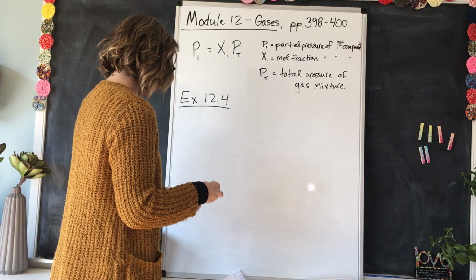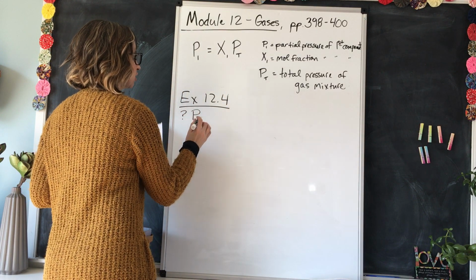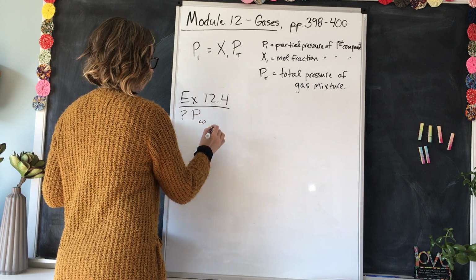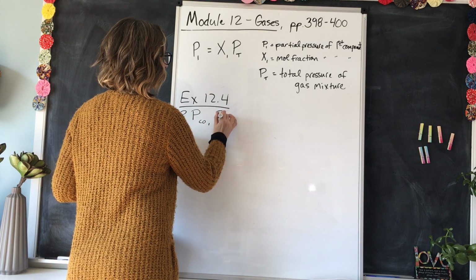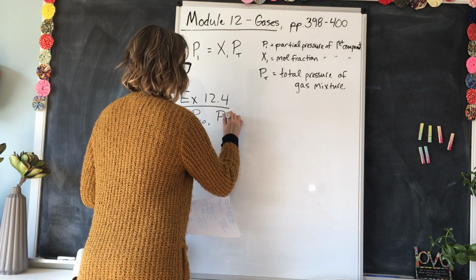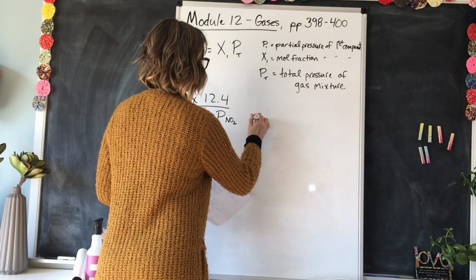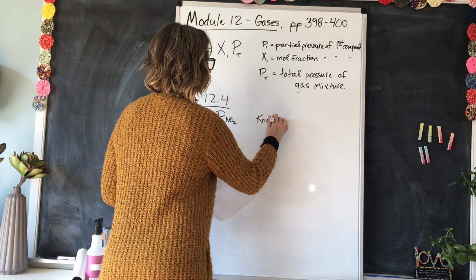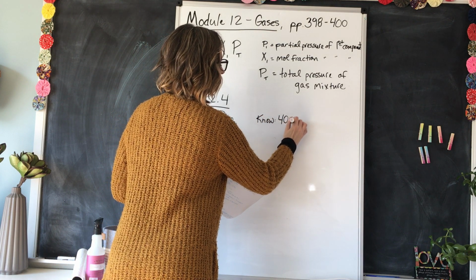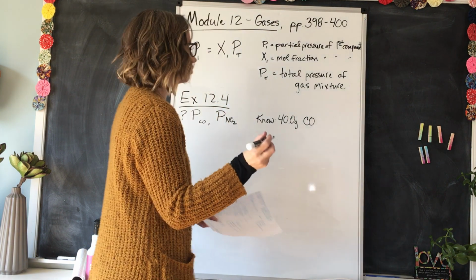So what we are looking for here is the partial pressure of carbon monoxide and the partial pressure of the other gas present, which is nitrogen dioxide. And what do we know? We know that we have 40.0 grams of carbon monoxide, and we know we're going to have to convert that to moles.